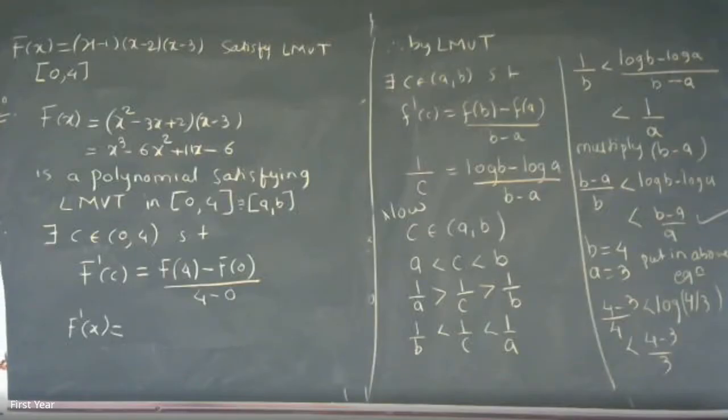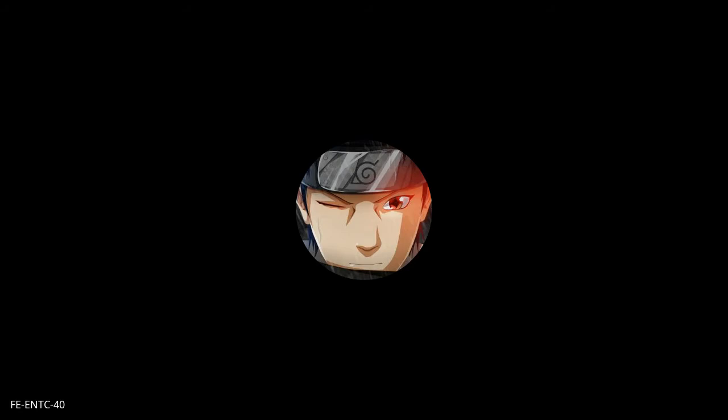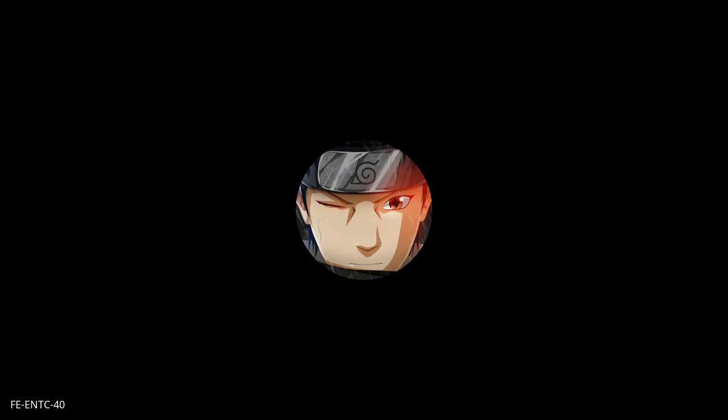Roll number 40, please tell me. f dash of x is 3x square minus 12x plus 11. And therefore, what will be f dash of C? 3c square minus 12c plus 11. Very good.